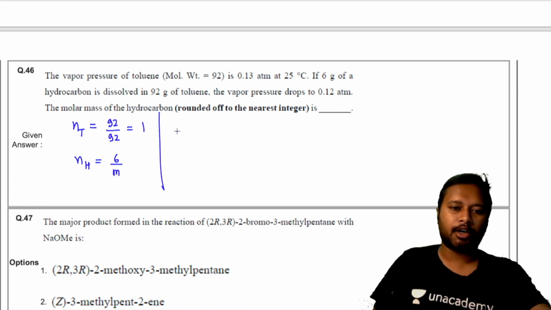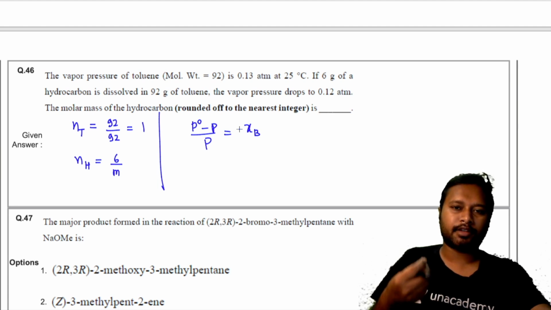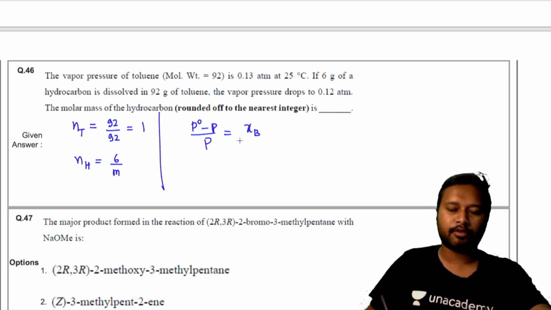Now we know that the relative lowering of vapor pressure is given by P naught minus P divided by P, and this equals the mole fraction of the species. Because you are adding the solute, the mole fraction of solute will be there.